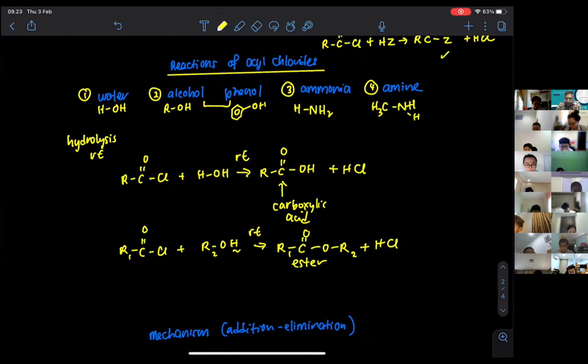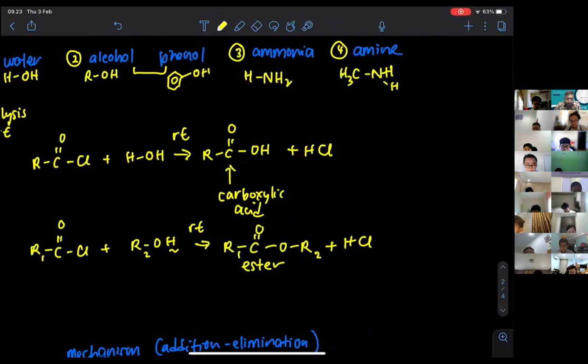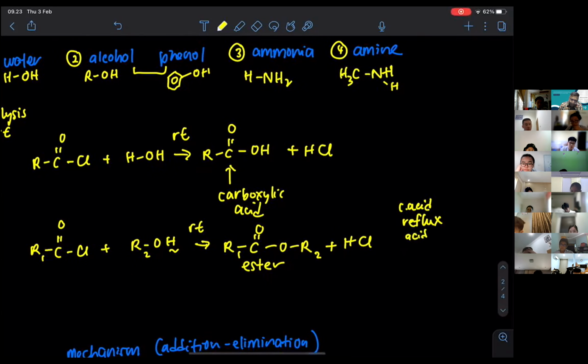But if I compare these two reactions with a common reaction, like for example the reaction of this with carboxylic acid, esterification using carboxylic acid and alcohol requires heat under reflux, and you require acid, which is going to be concentrated H2SO4.